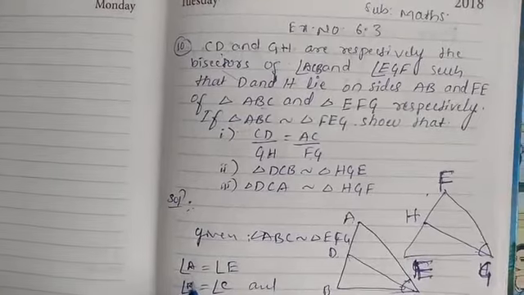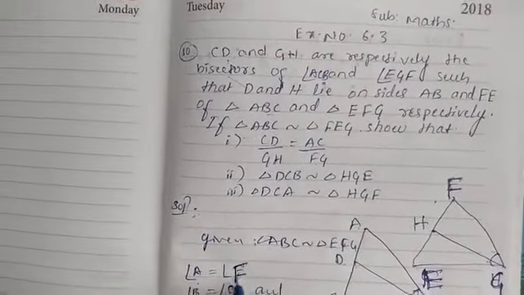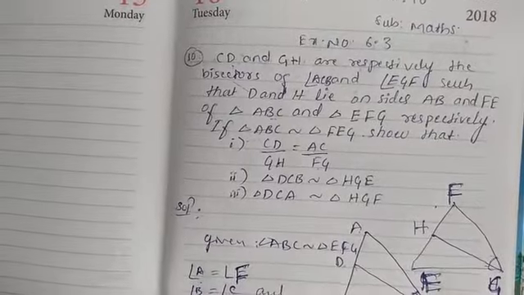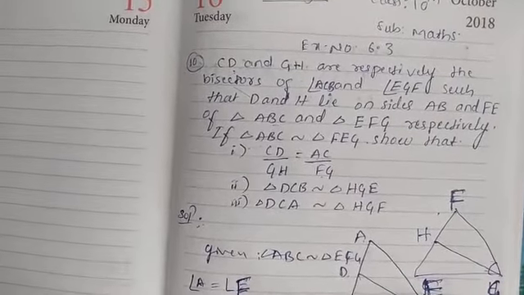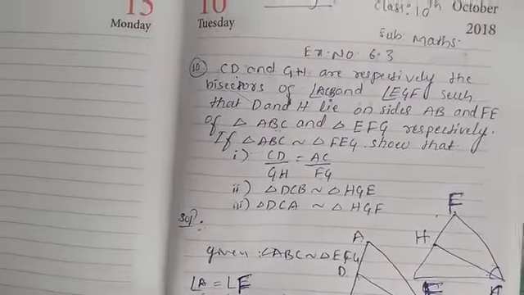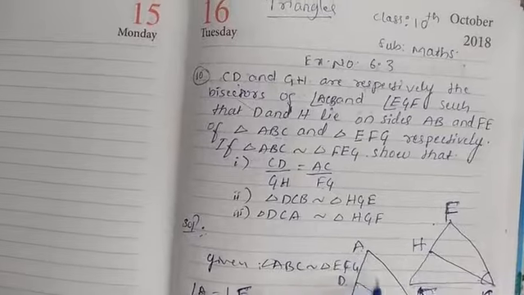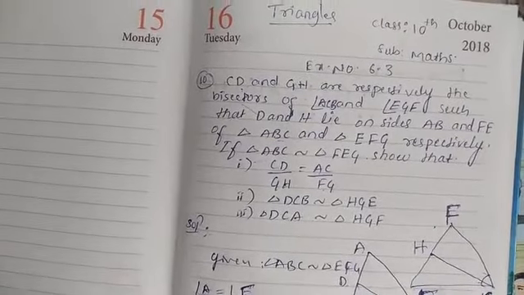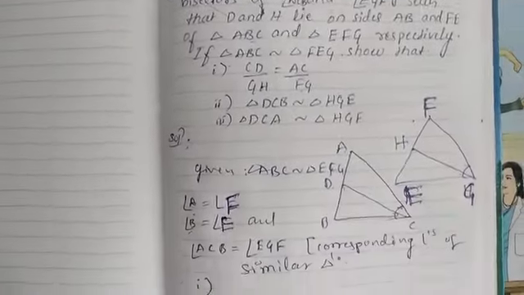So here angle A is equal to angle F, correct, and angle B is equal to angle E, and angle ACB is equal to angle FGE, or EGF, same.